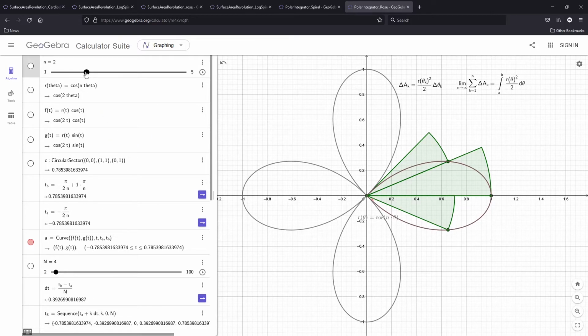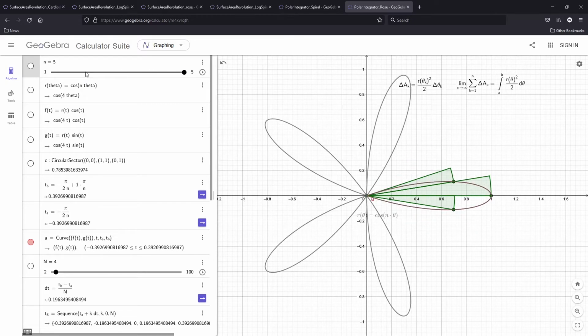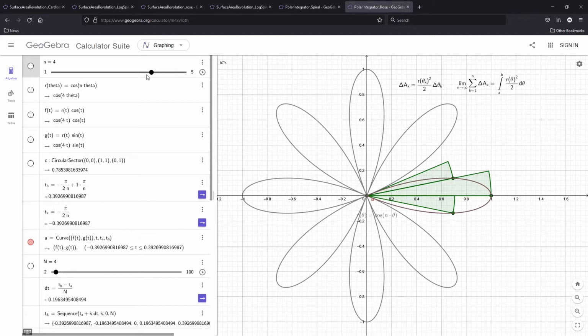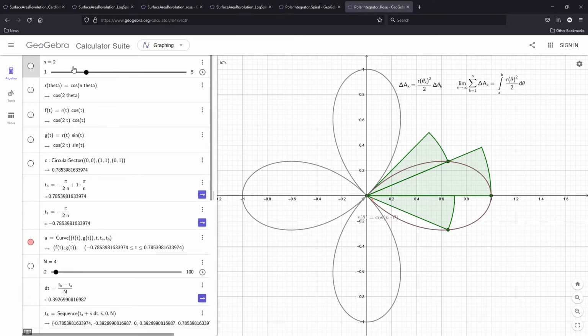Remember that we made the observation in class the other day that when n is odd, there seems to be the same number of petals as the integer n. So cosine of 5 theta has 5 petals. Cosine of 3 theta has 3 petals. And if n is even, there's double the number of petals.